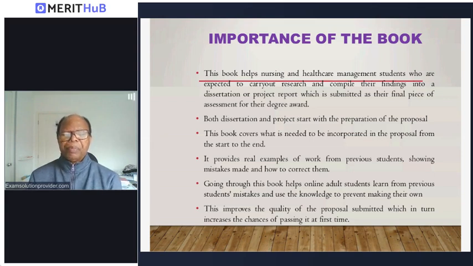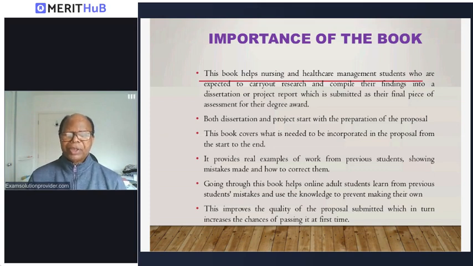Both dissertations and projects start with the preparation of the proposal. And this is where this book starts from. This book will cover what is needed to be incorporated in the proposal from the start to the end. It provides real examples of work from previous students, showing mistakes made and how to correct them.